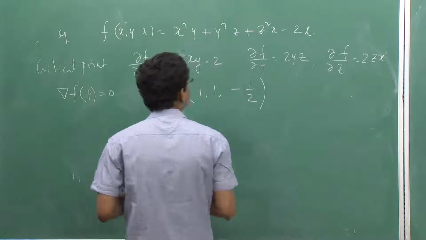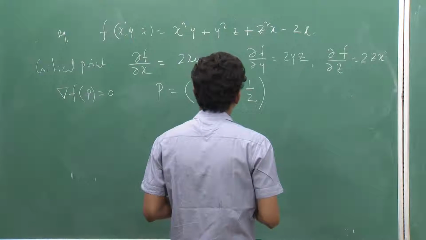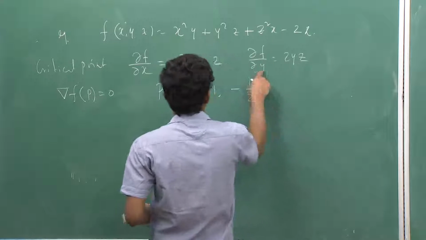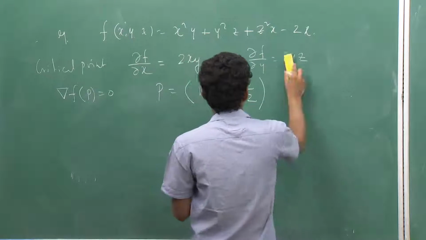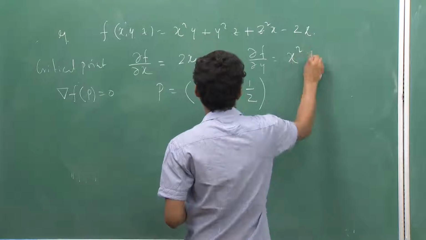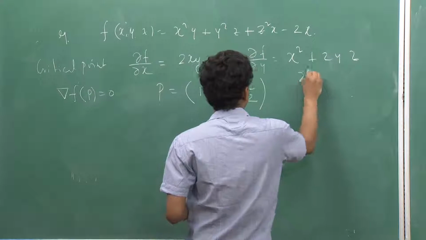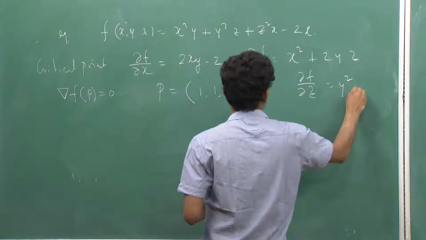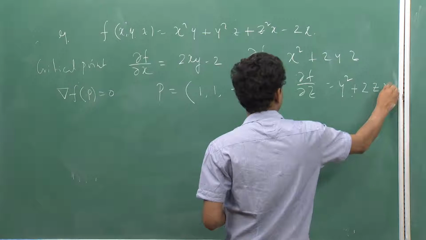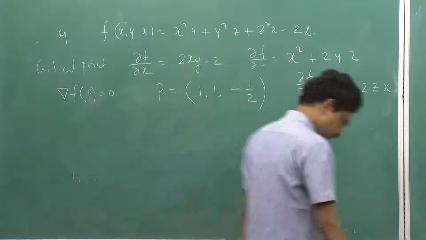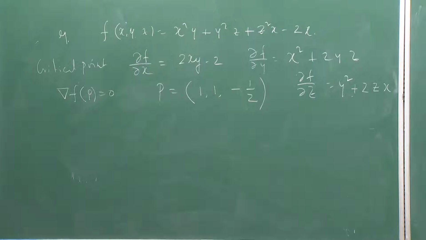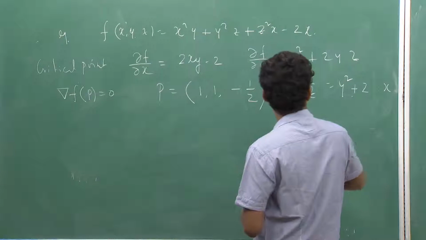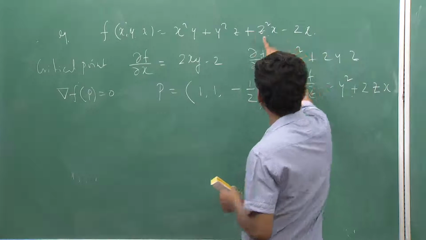I have written something wrong, right? Yeah, sorry. Del f del y is x square plus 2yz, and del f del z is, I have missed this part, y square plus 2zx.